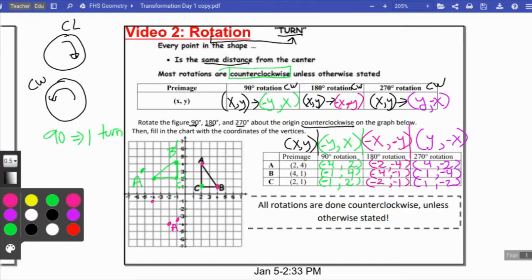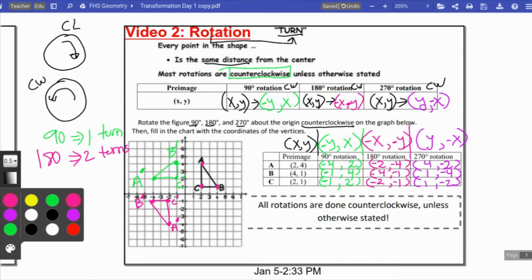Sorry, I misspoke earlier. B prime. And C prime will now be located at (-2, -1). See that? Note to yourself, 180 is two turns. You turn your picture two times.